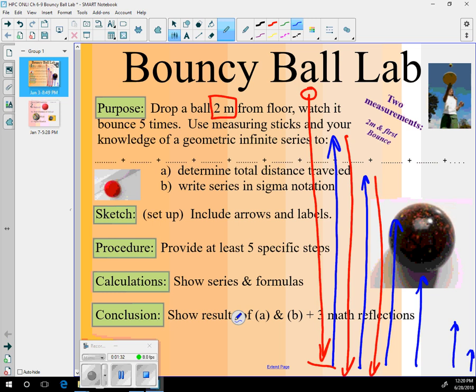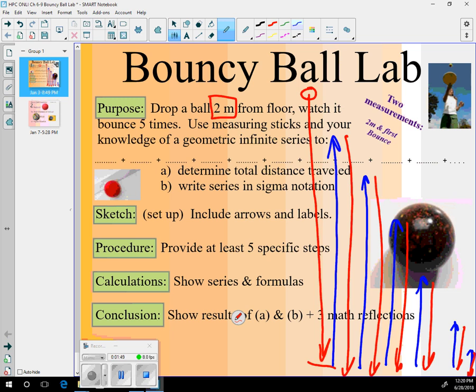Right? And then it falls down, down, down, down. What you're going to do is find the total sum of all of these distances.